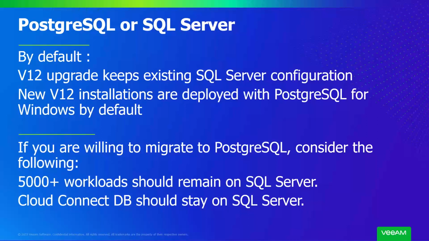So if you're on SQL Server, you will remain on SQL Server during and after the upgrade. However, if you're installing a new version of VBR, it will be a Postgre instance by default. You can still switch and use SQL if you want. It's a second option available, but the default one is PostgreSQL.